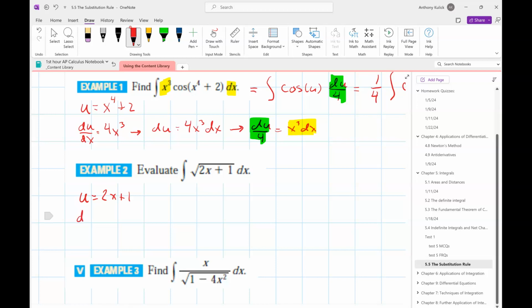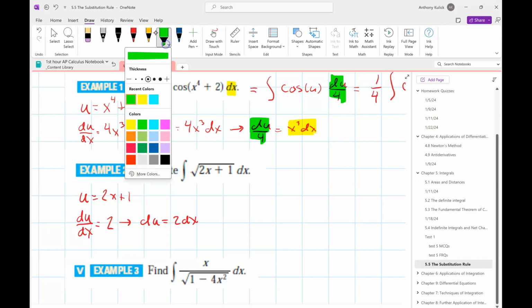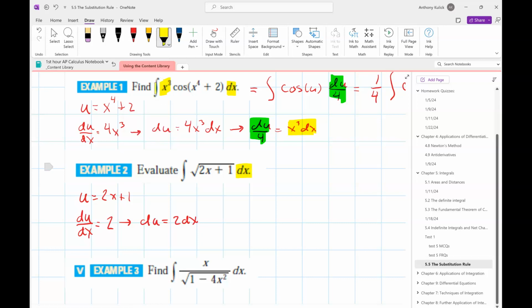And the derivative of u with respect to x is 2. So du should be 2 dx. But I don't have a 2 dx, I just have dx. So what am I going to do? Yeah, I'm going to divide by 2.